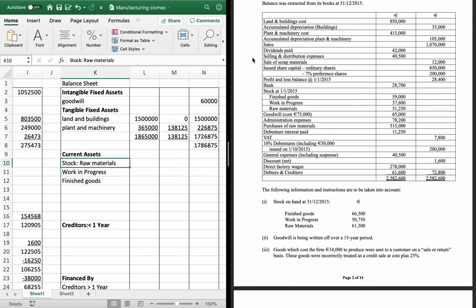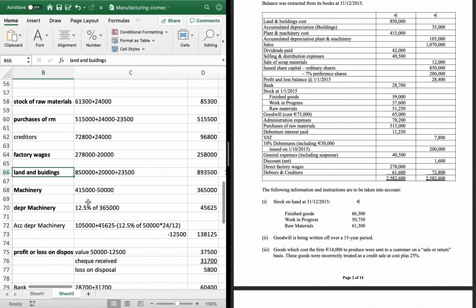Your current assets. So stick in your three closing stocks. So it's the stuff from the bottom. So your work in progress is 5750. Now your finished goods and raw materials both changed.